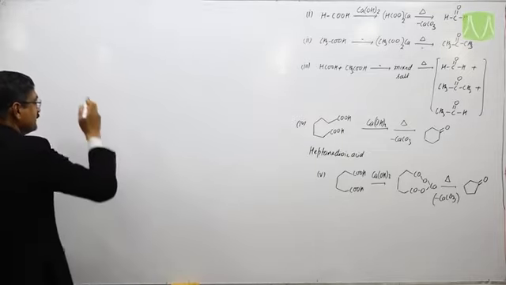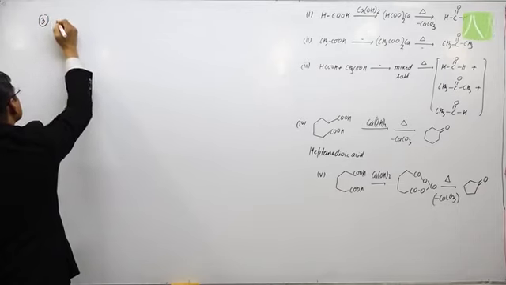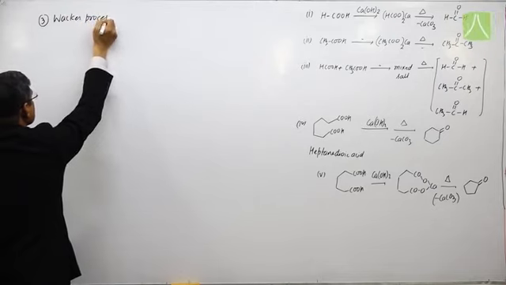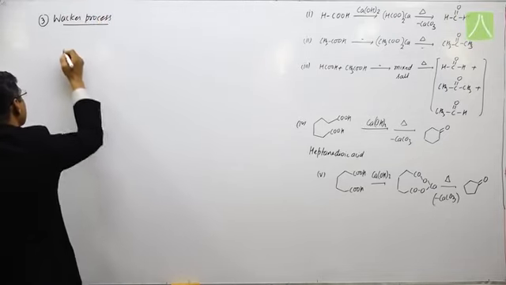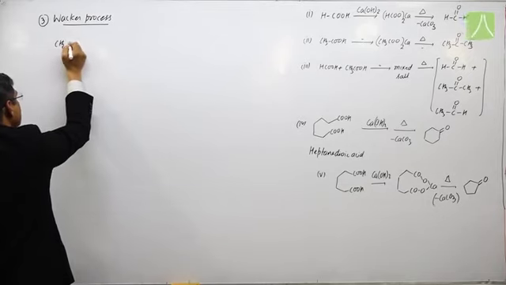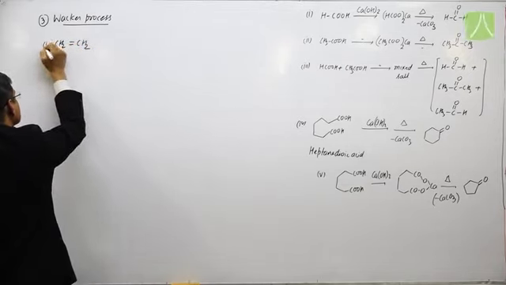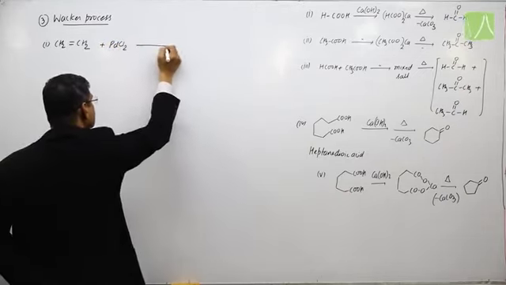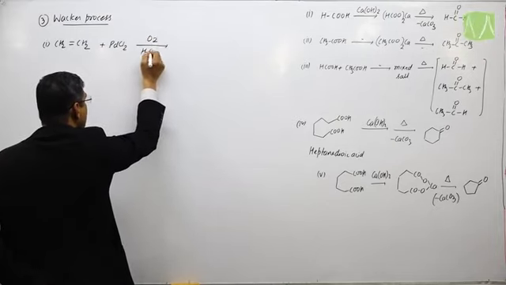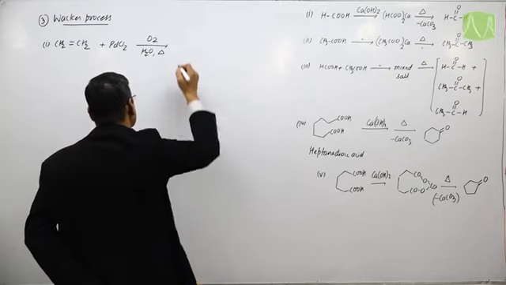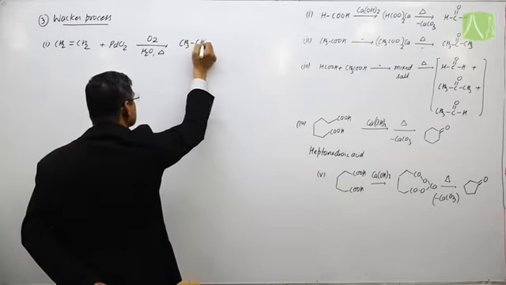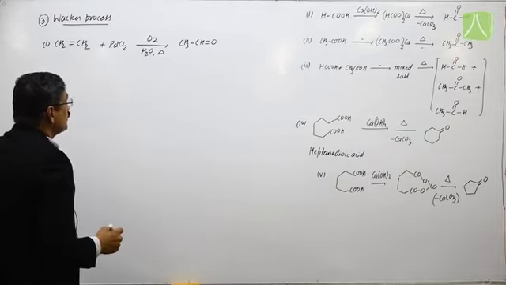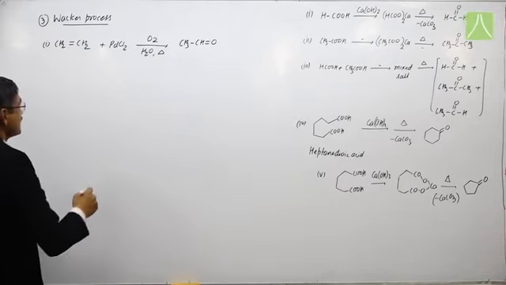Now come to the third preparation, the Wacker process. In this, alkenes are taken in presence of PdCl2, oxygen, water. On heating, H and O are added, and the alkene is oxidized into aldehyde.